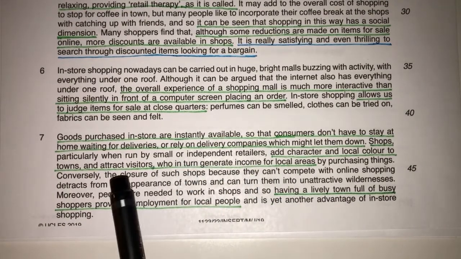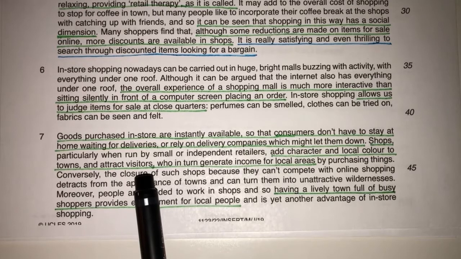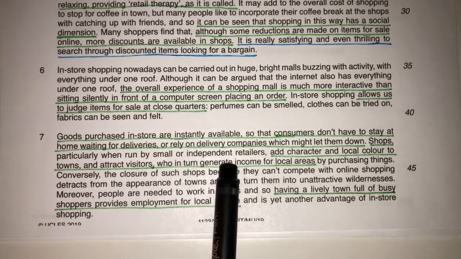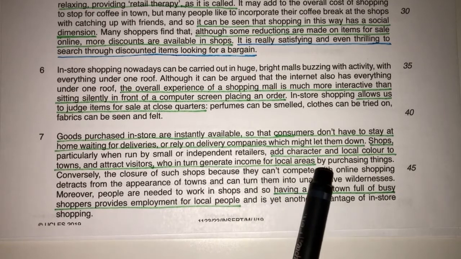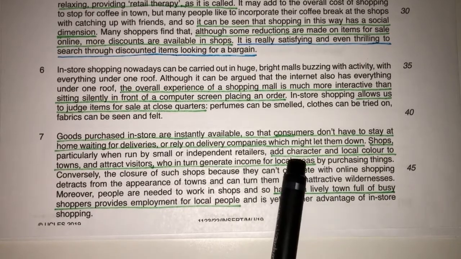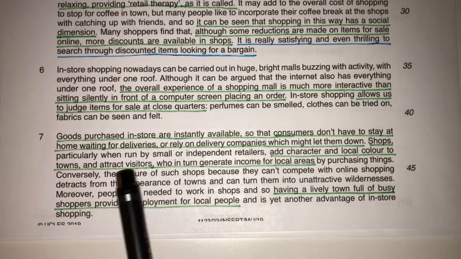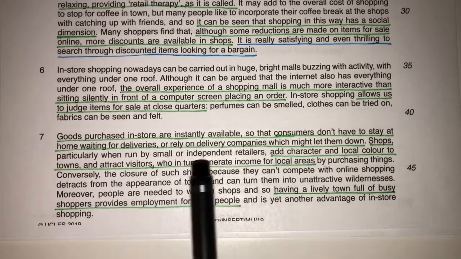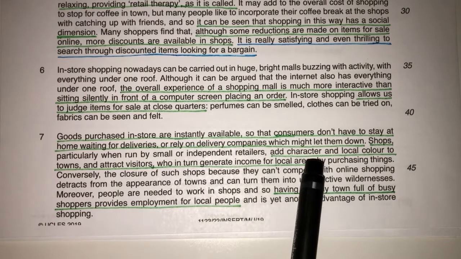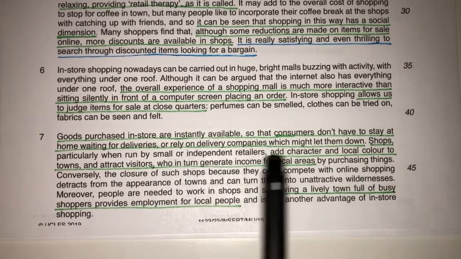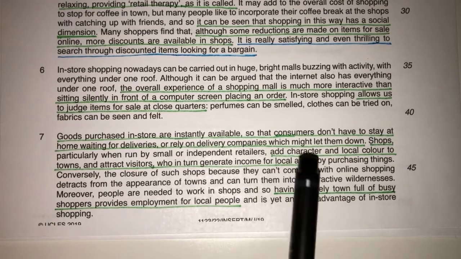So it can attract visitors, because there's also some people who travel just to go to a specific store that they don't have in their area. Okay? And if every store was online, this wouldn't be a thing. So that's another perk. It creates income for local areas and it generates foreign traffic.